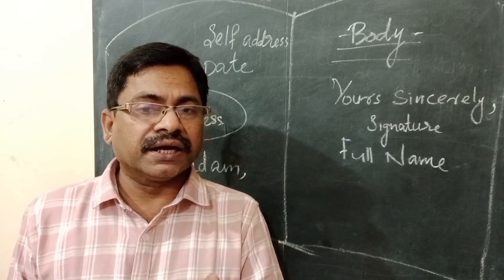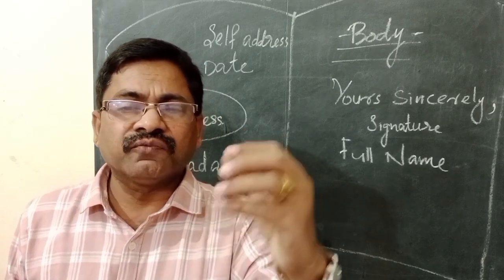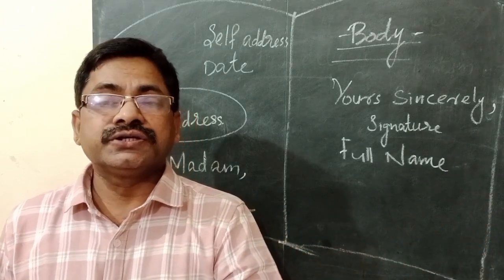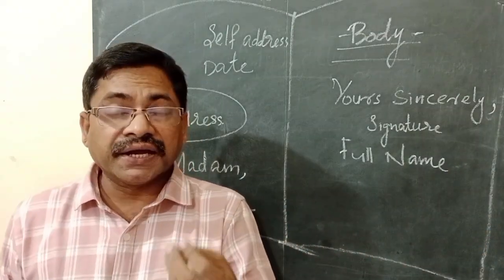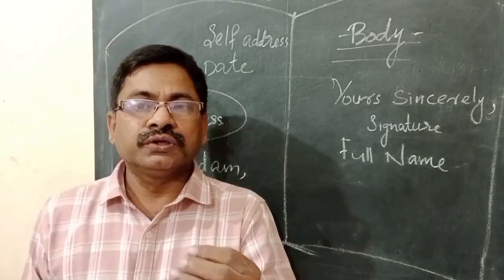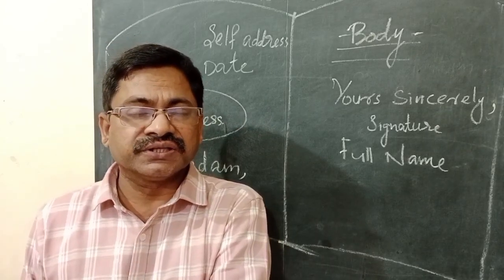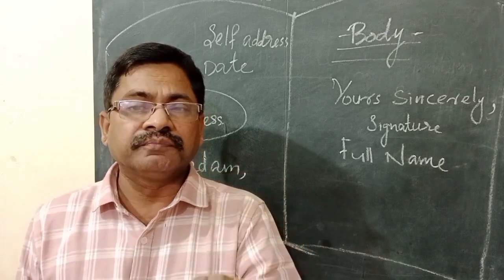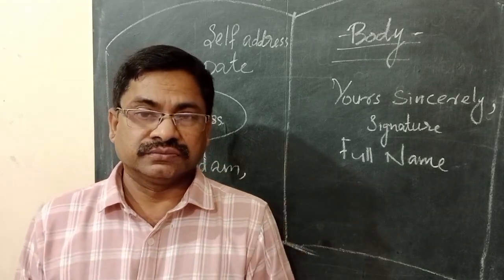In the last paragraph, you can request him once again to take serious action on your problem. I kindly request you to consider the issue seriously and find a solution to the problem at the earliest.